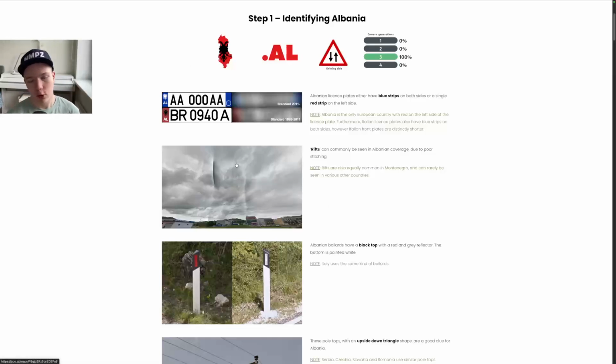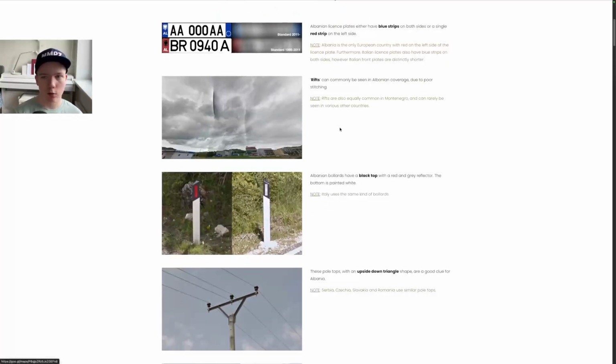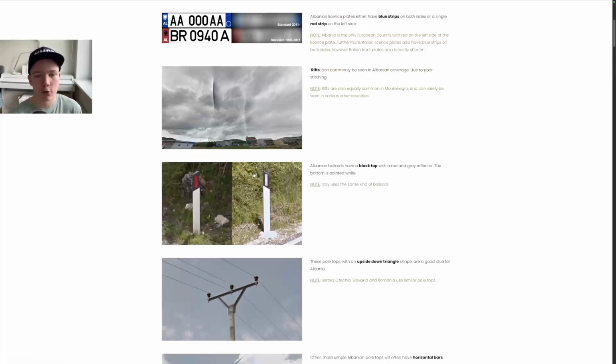Also, rifts in the sky in Albanian coverage are pretty much the same as Montenegro, but I would say they're a bit more common in Montenegro, and sometimes, just remember this, they're not always in the sky, so if you don't see rifts in the sky, don't rule out Montenegro or Albania. It can still be either of those.